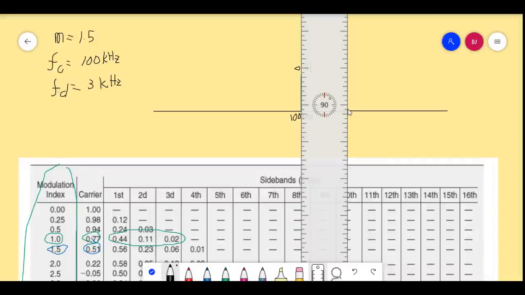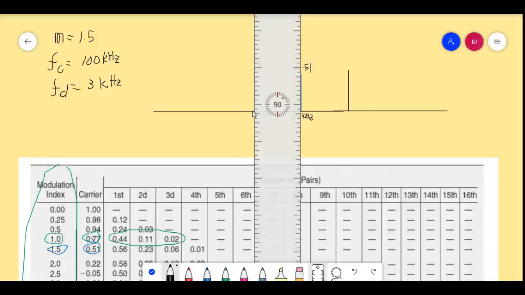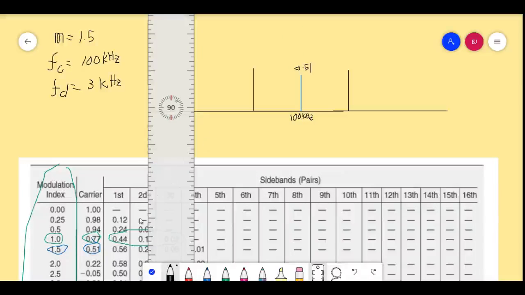Then we proceed to this first set of sidebands. So this time it will be 0.56, a bit higher than the carrier. Almost equal. We just put that a bit above 0.51, just to properly show that 0.56 would be higher than 0.51. So let's put in 0.56 here, and another 0.56 here.